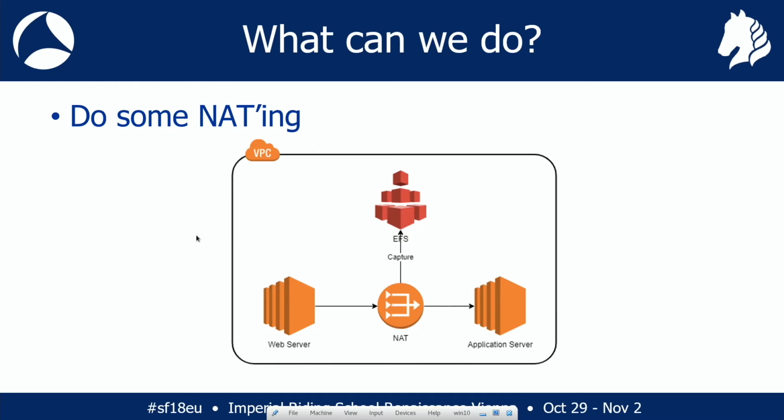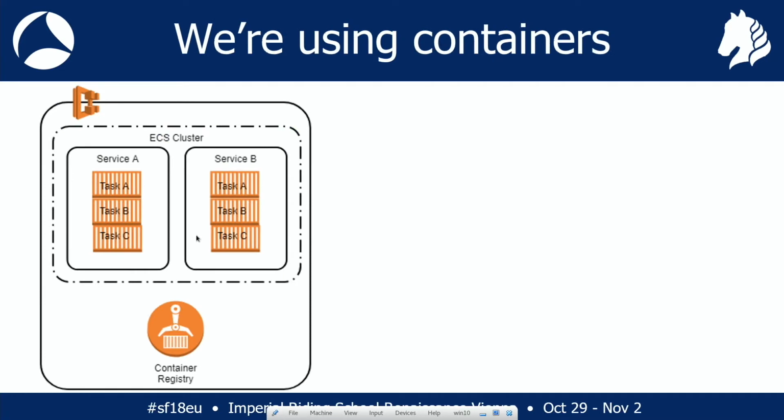So if we leave the NATting concept for a minute, because I'm sure that's reasonably self-explanatory, we're going to move on to the next piece, which is around containers. Now, you may or may not be hugely familiar with containers, but going back to the cloud, the first thing people typically do is lift and shift their current applications into EC2 and manage those instances, with their app people or ops people configuring servers.